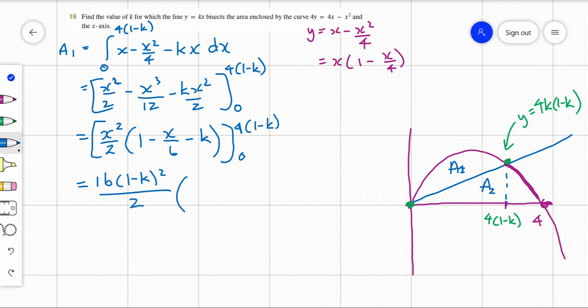And then in brackets 1 minus 4 times 1 minus k on 6 minus k.